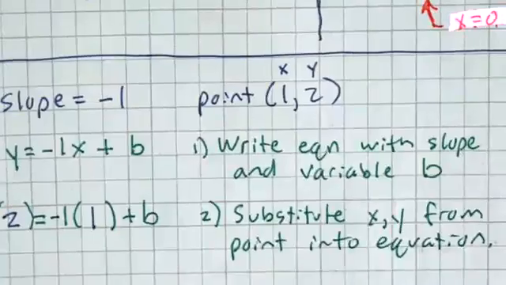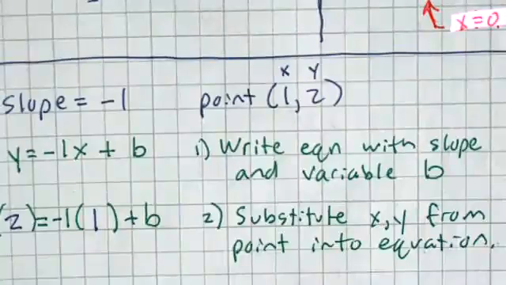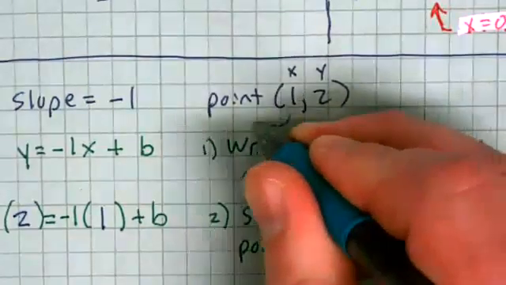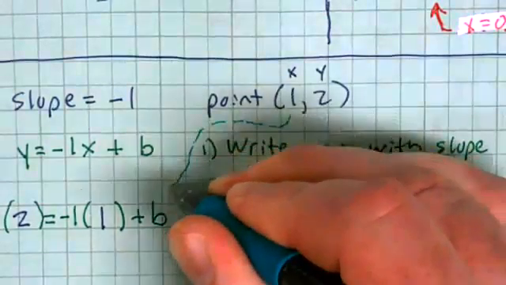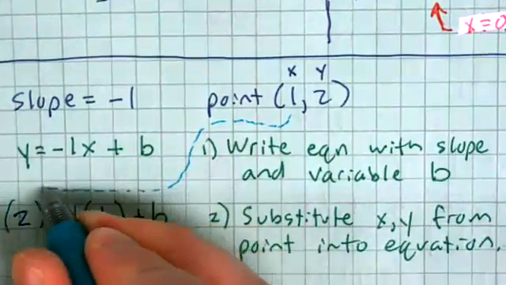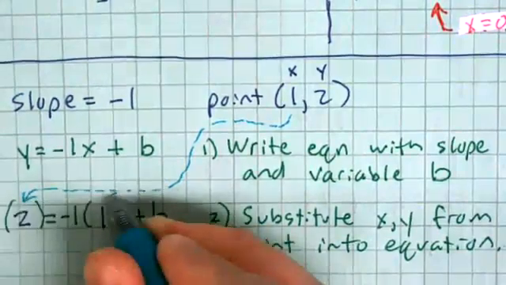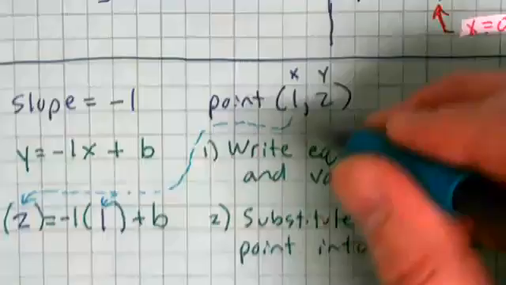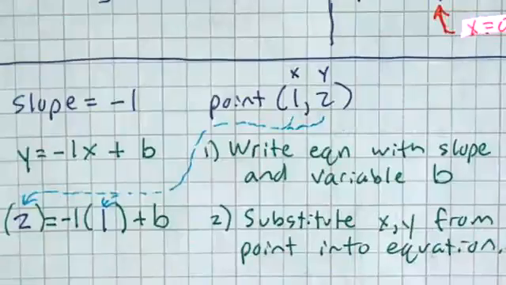So I wrote: substitute the x and y from the point into the equation. That's how I kind of see it. We took these x and y values and we popped them into our equation. I'm drawing some little arrows here. I'm a visual type person, so arrows help me to see where stuff's coming from.